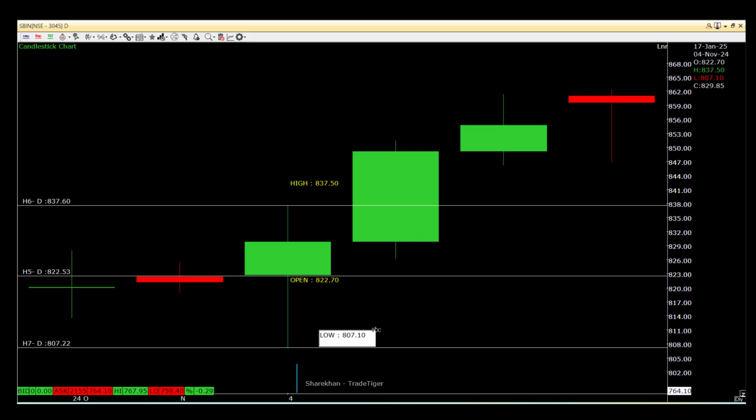Now at 3:30 the price closed. Open, as you can see in the right side upper corner, is 822.70 and C means close. Close is 829.85. It means the price opened at 822.70 but closed above the open price, right? So the market closed above the open at 829.85. So this must be the closing, right?